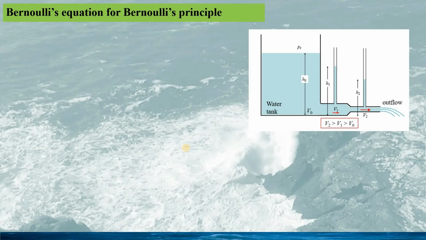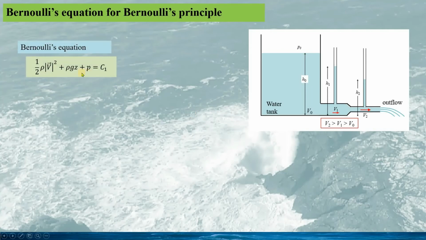In this slide, I will use Bernoulli's equation to explain the Bernoulli principle. See this picture here. We use two different sizes of pipe, the large pipe here and the smaller pipe here. Bernoulli's equation, as we derived before, is given as this.